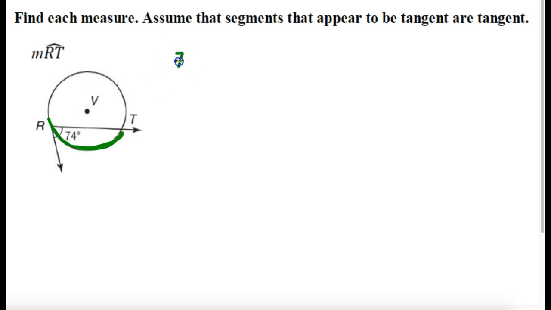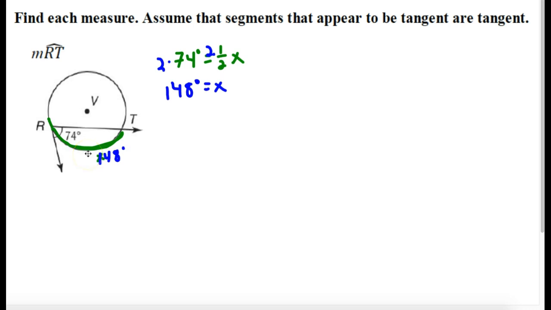Call this x, the angle is equal to 1/2 of the intercepted arc. Again, to solve for x, I can multiply both sides by 2 and get 148 degrees. So the measure of this arc here is 148.